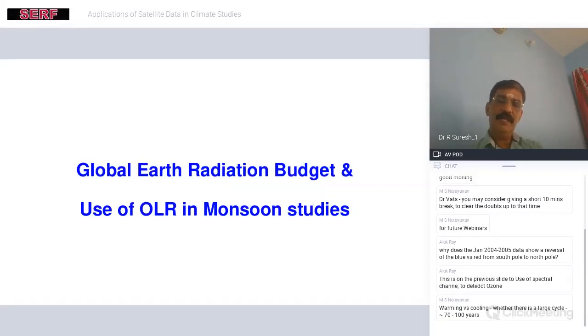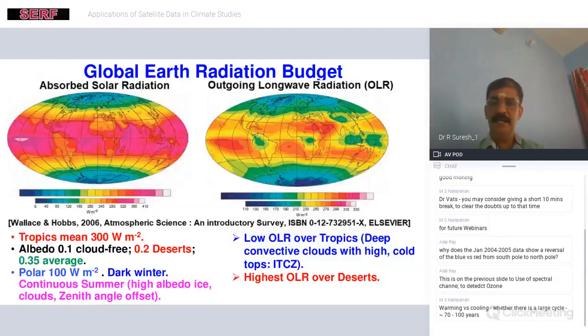So coming to the satellite application, especially on climate monitoring, it is the Global Earth Radiation Budget Experiment, which has been coined by our WMO, with so many contributions by the satellite service providers. So they have come a long way in understanding.